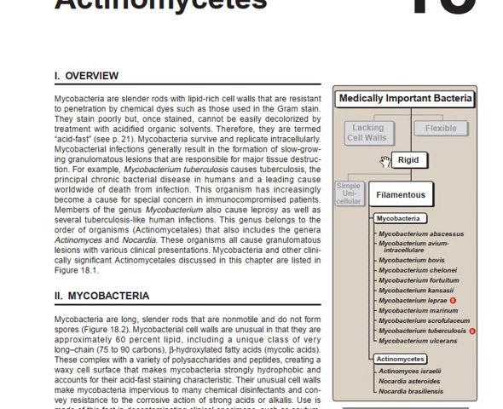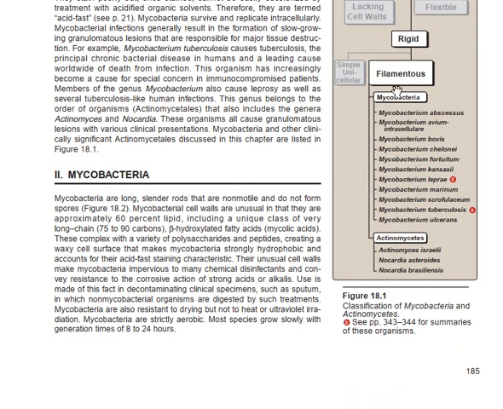And now cells having a rigid cell wall also consist of filamentous cells. Filamentous cells are divided into two main groups: Mycobacteria and Actinomycetes.